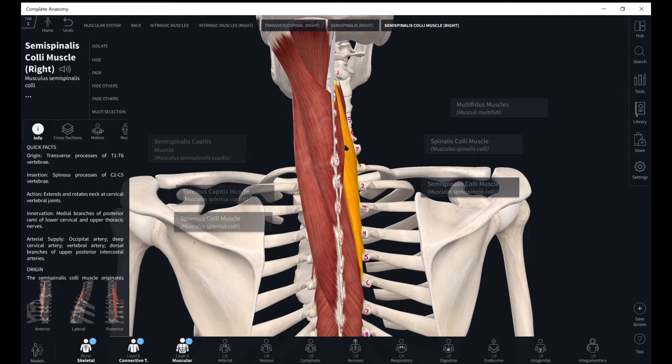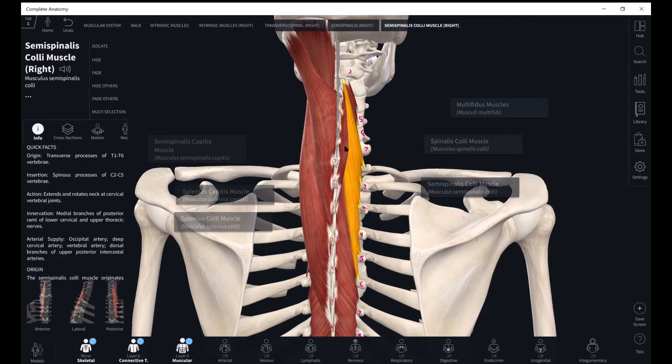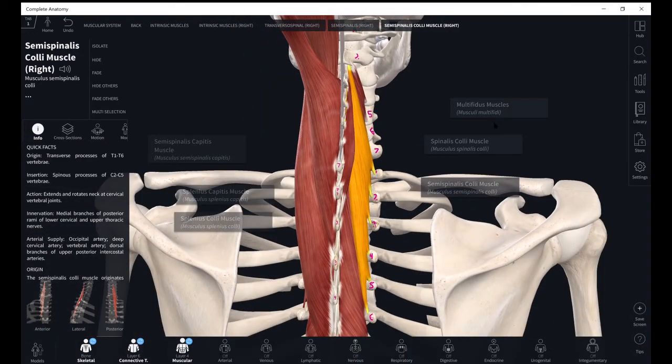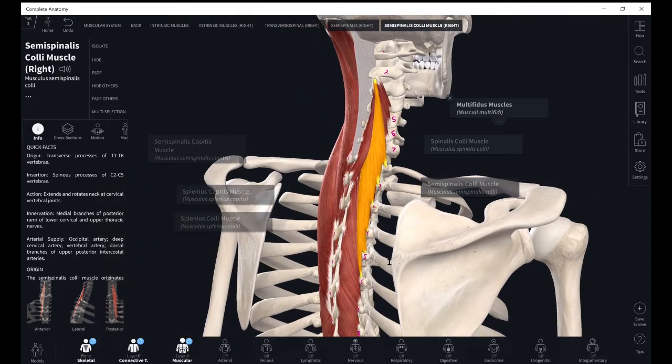But if we drop back up to the spinous process of C6, which is right here, that fiber muscle drops underneath spinalis capitis, then we'd know that we would get that needle through that muscle as well. So I'll come back out, and then we'll look at multifidus.